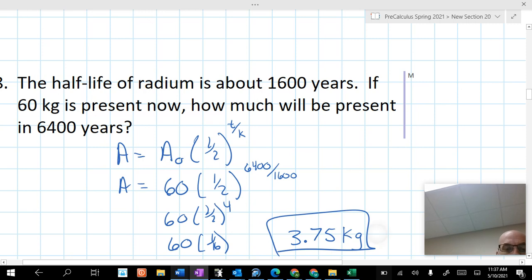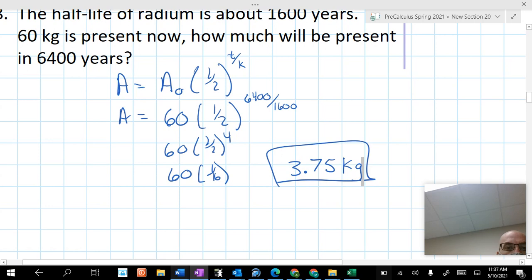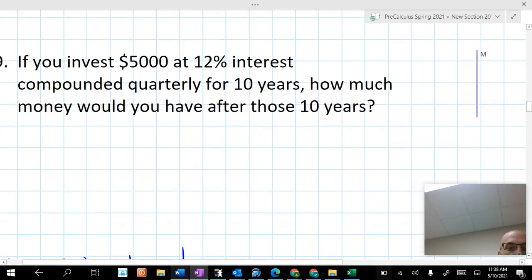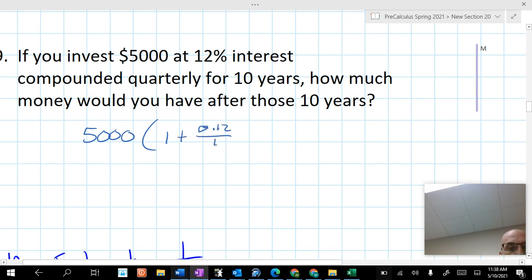So we're good with that? You invest $5,000 at 12% interest compounded quarterly. So $5,000 times (1 plus 0.12 divided by 4, quarterly) to the power of 10 times 4. Because it's compounded 4 times per year, you're compounding it 40 times.